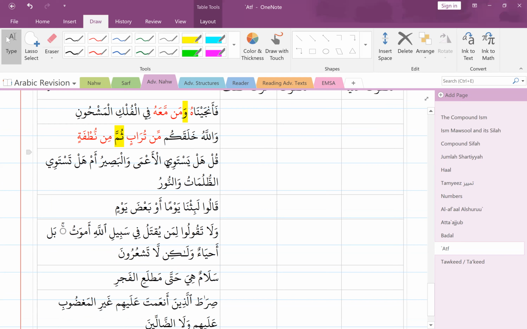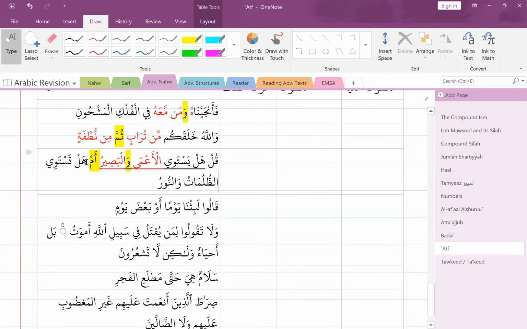So we have waw as the first harf atf. The matuf alay is al-ama and the matuf is al-basir. Then the second: هل يستوي الأعمى والبصير, this whole thing till here is the معطوف عليه. I'm going to underline that to make it clearer.